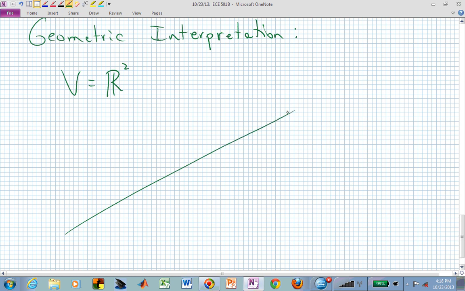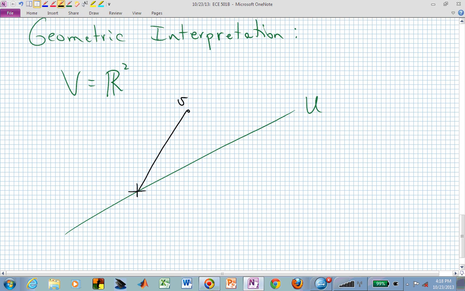And maybe this particular line is the subspace U. Maybe my 0 or origin is down there, and now maybe my V is going off here.